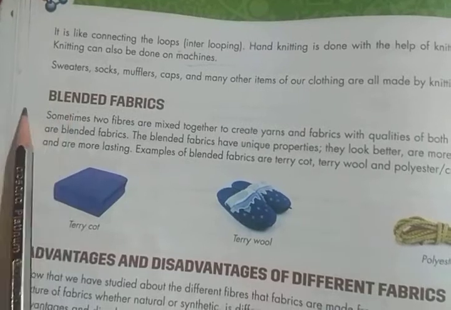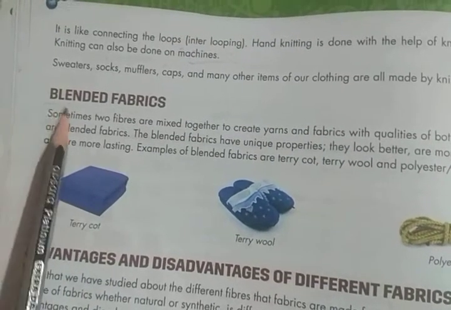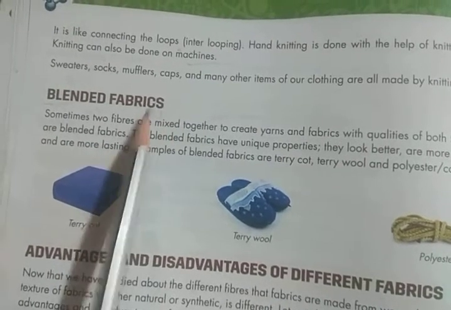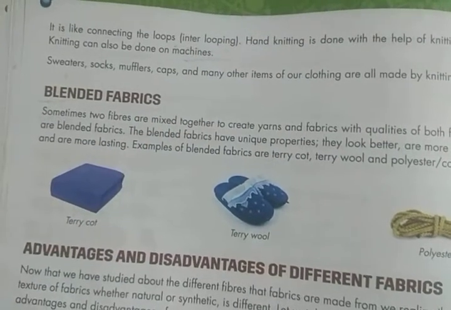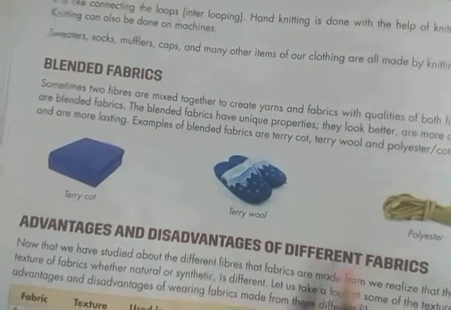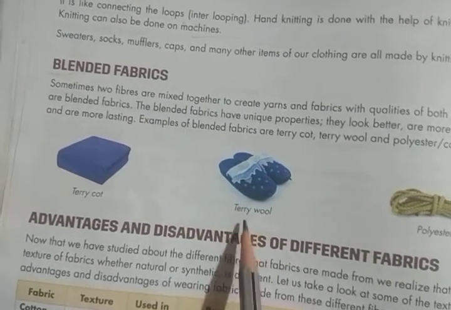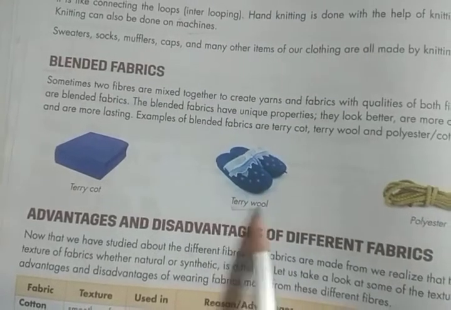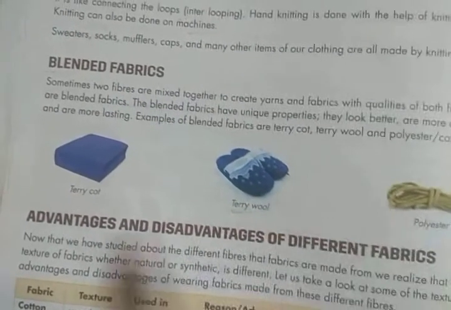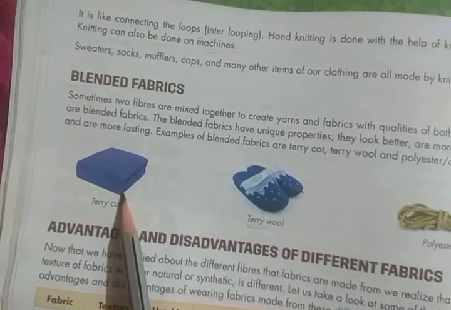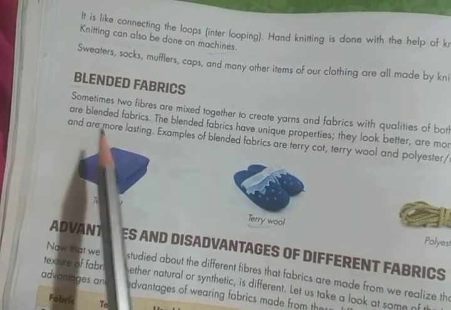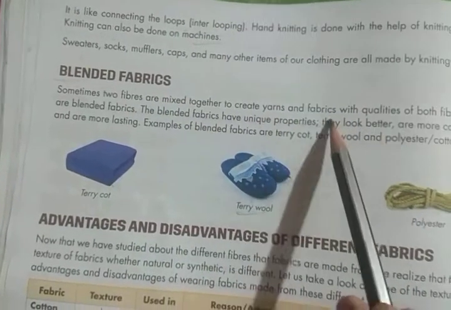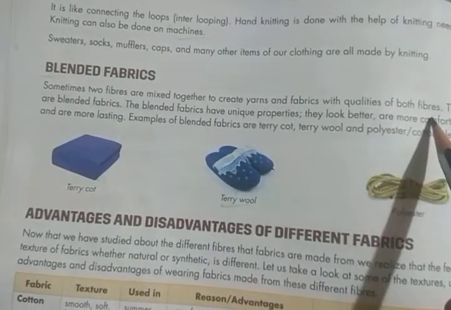Now another point is blended fabrics. I hope you have all seen this type of fabric, like terry wool, polyester, terrycot. Sometimes two fibers are mixed together to create yarns and fabrics with the qualities of both fibers.